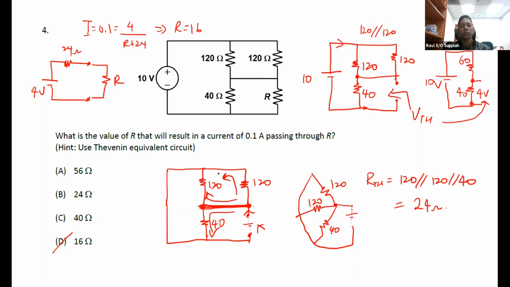There is no short circuit path directly from the positive to the negative. If let's say there was a short circuit anywhere else, then you can bypass it.